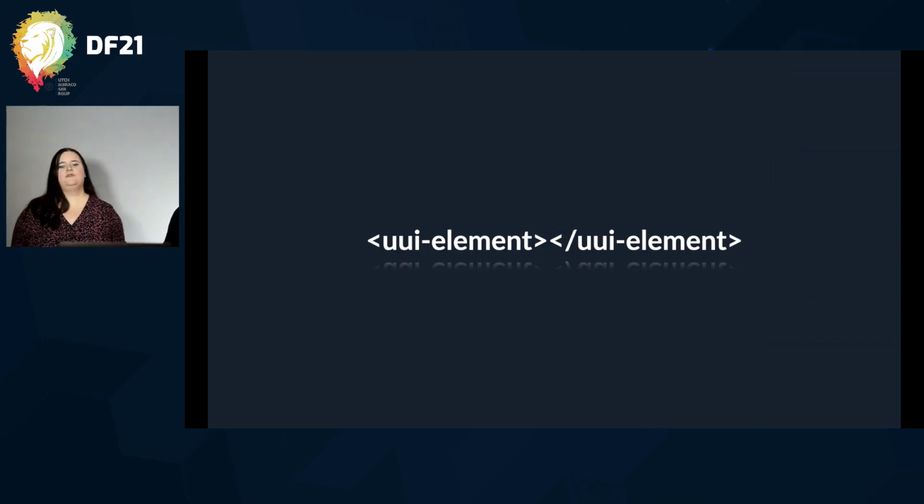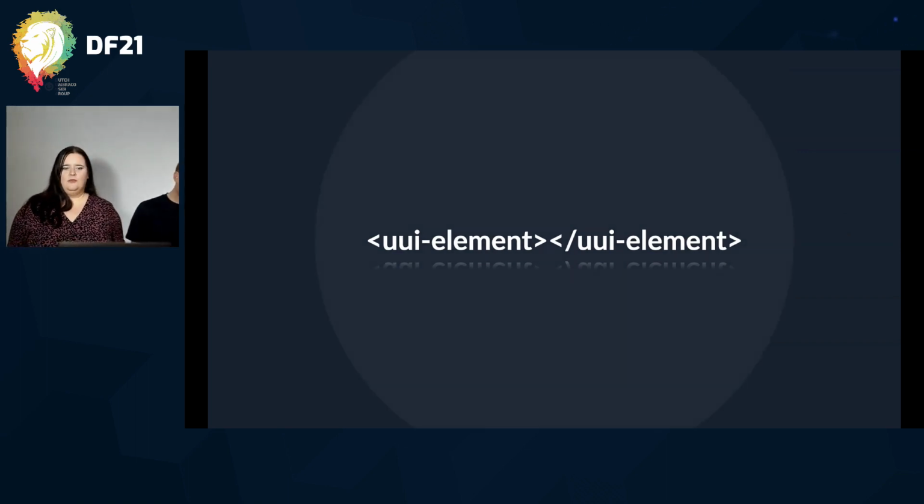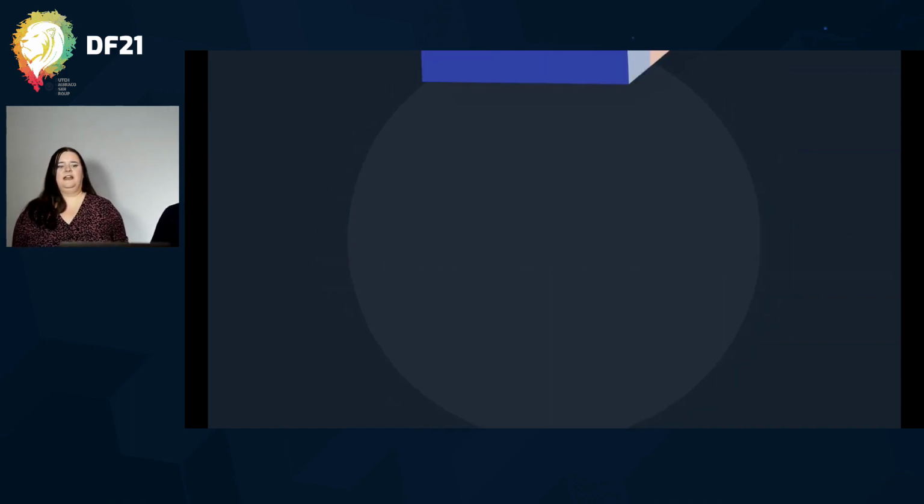All these tags are prefixed with UUI, so they do not collide with the existing native elements. Each component is self-contained, and both logic and styles are embedded within. This is also something that the Web Component standard allows us to do. It's a feature of modern browsers, so we don't need to use any JavaScript framework for that. This is all a browser thing.